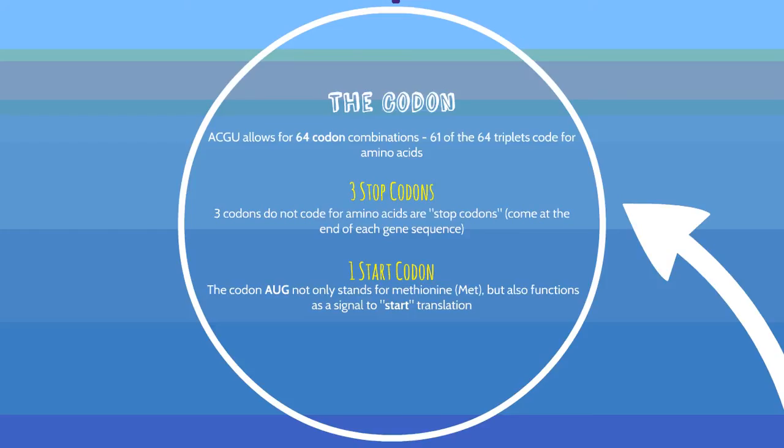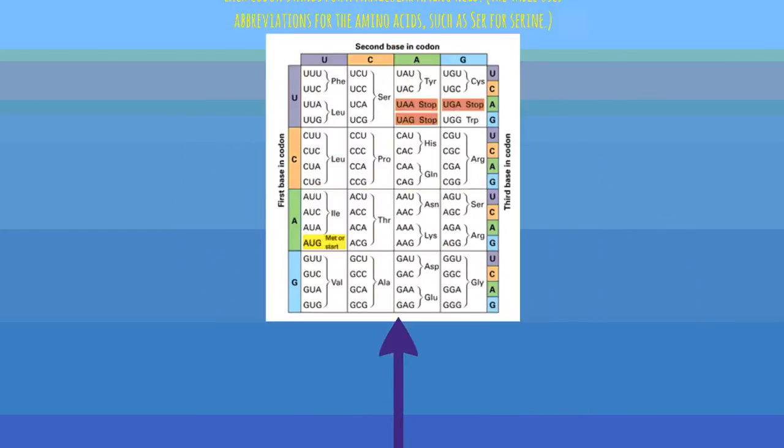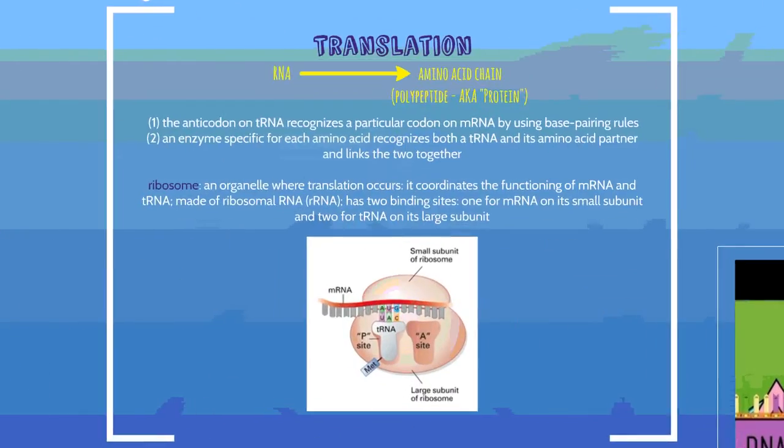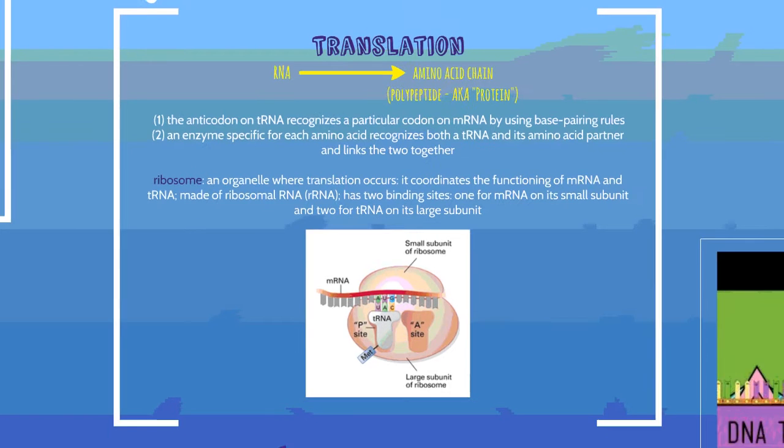There's only one start codon, which tells that strand where it needs to start the translation process to make those amino acids. And then the stop codons tell it essentially when to stop. So remember, this is your amino acid table. These are abbreviations for those amino acids. And again, translation is going from RNA to your chain of amino acids, or RNA to protein, and this whole process happens in the ribosome.